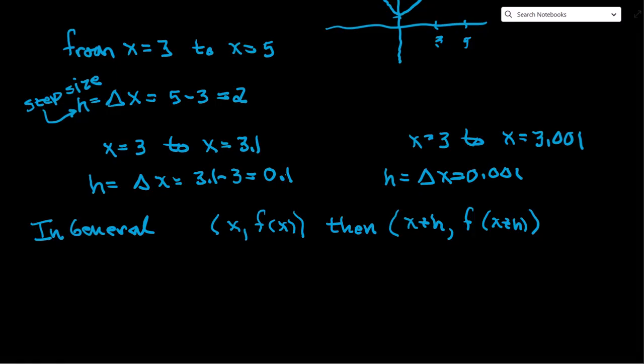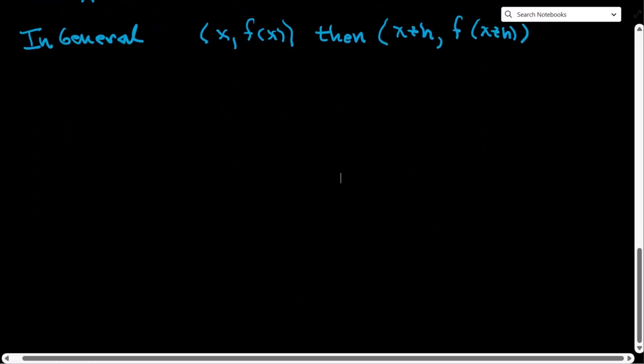To come up with a general formula for computing our step size, and then from that, integrating our step size into computing our rate of change, what we're going to do is rewrite what we had before.